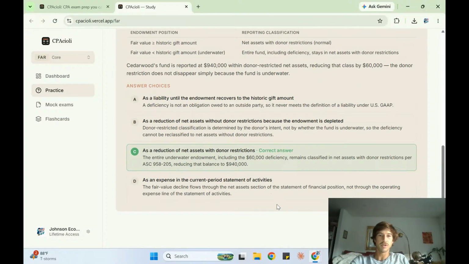The entire underwater endowment, including the $60,000 deficiency, remains classified with donor restrictions. Cool.